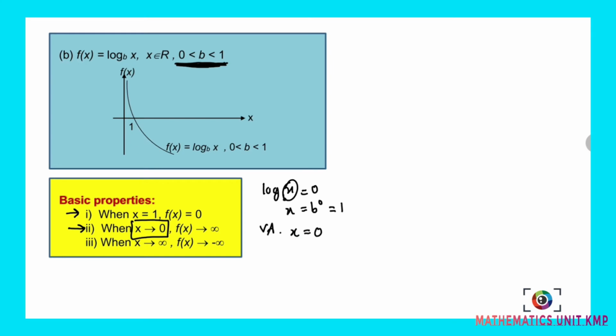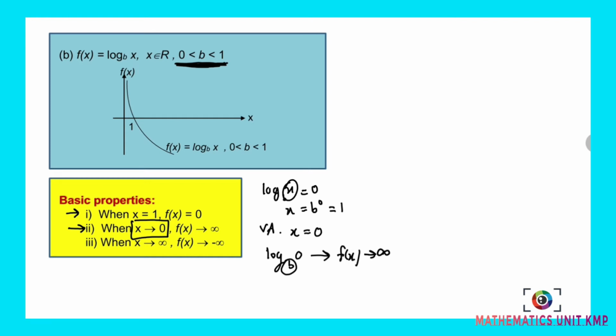So as x approaching that vertical asymptote, you check here the value of f(x). Okay, for this case the special bila nilai b antara 0 sampai 1, bila you masukkan dia 0, nilai f(x) dia akan makin membesar. Okay, that's why f(x) approaching to positive infinity.